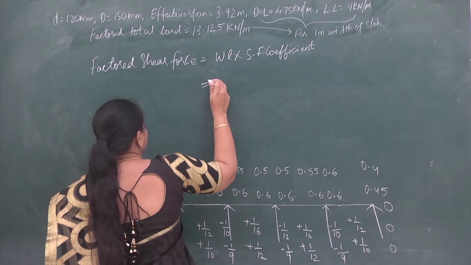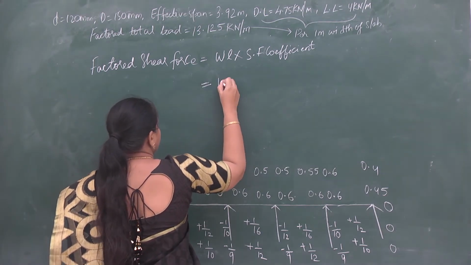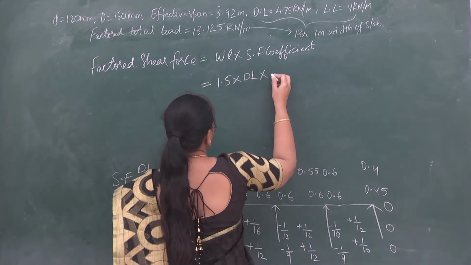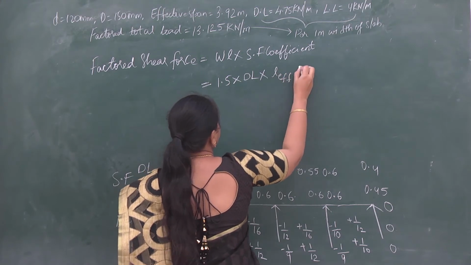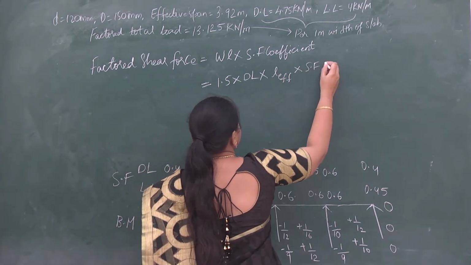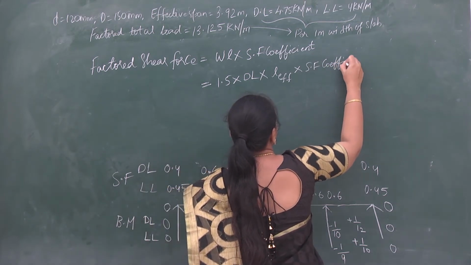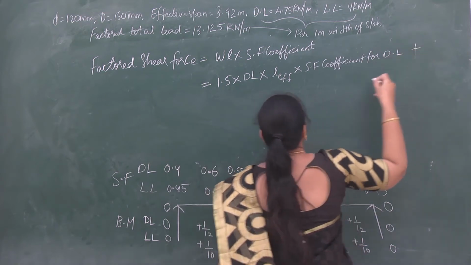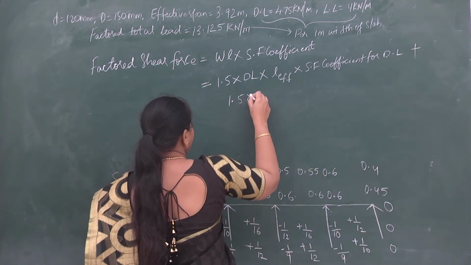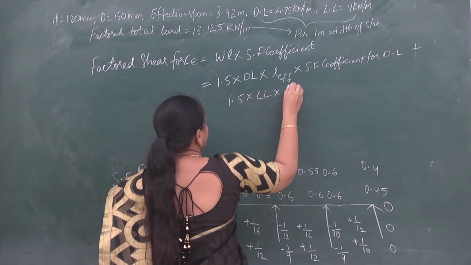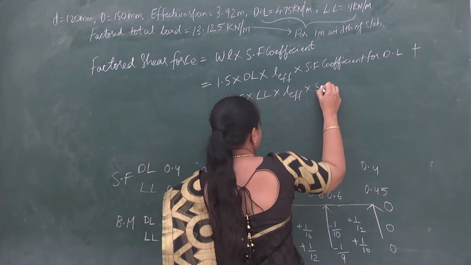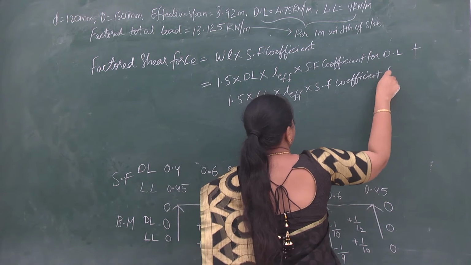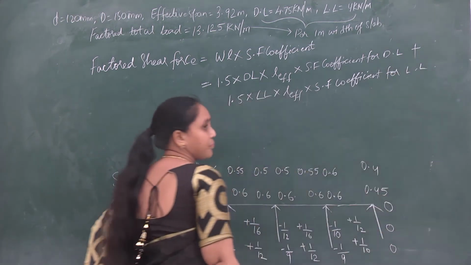So W here is the factored load, which is 1.5 into dead load into L effective into the shear force coefficient for dead load, plus 1.5 into live load into L effective into the shear force coefficient for live load.